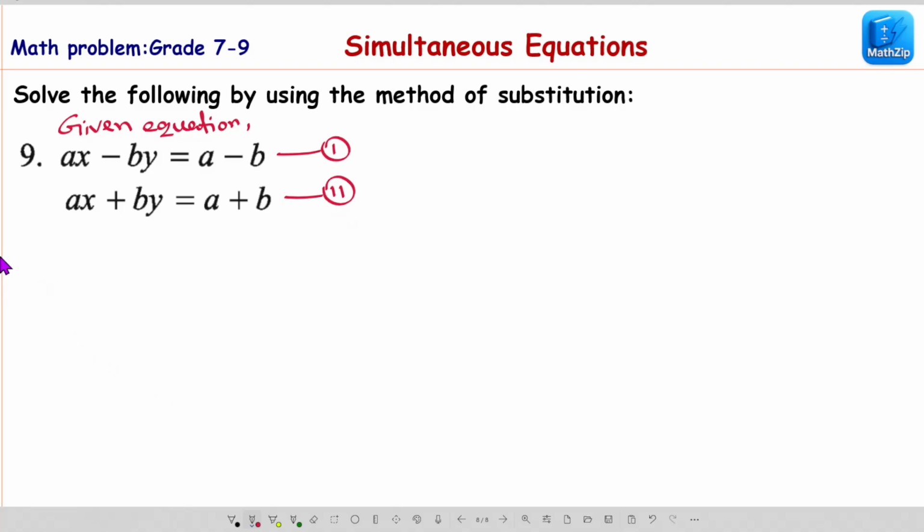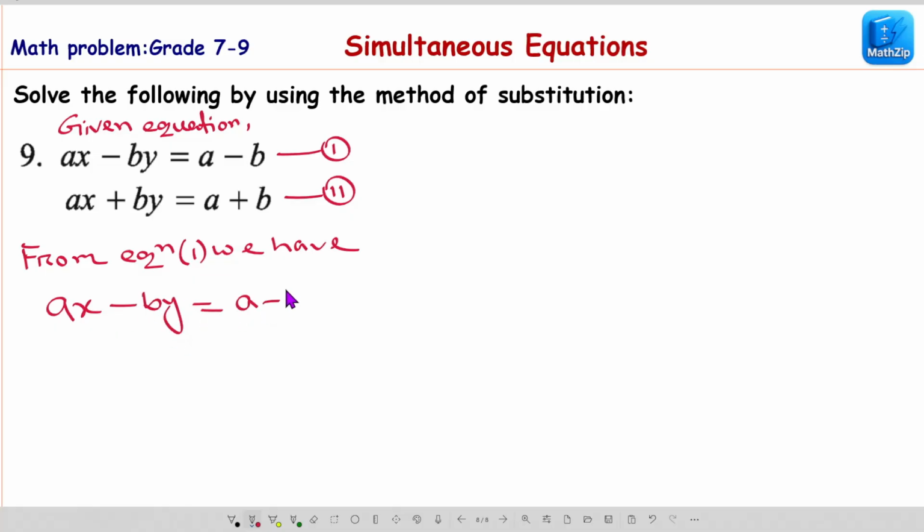So from equation 1 we have ax minus by equals a minus b, right?